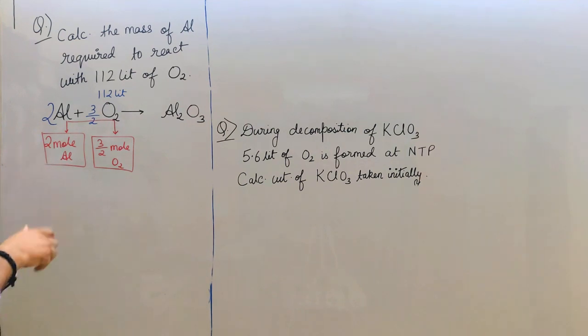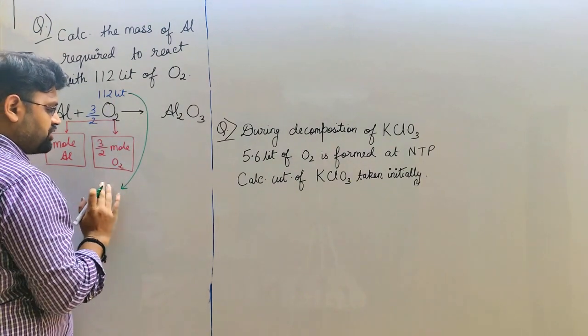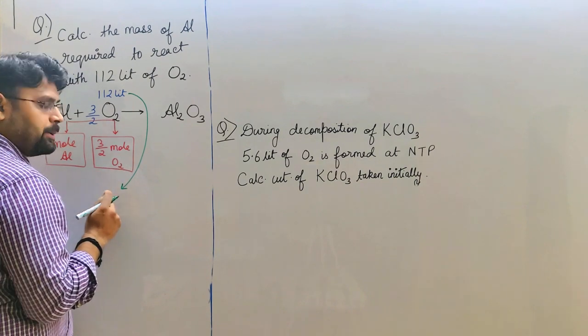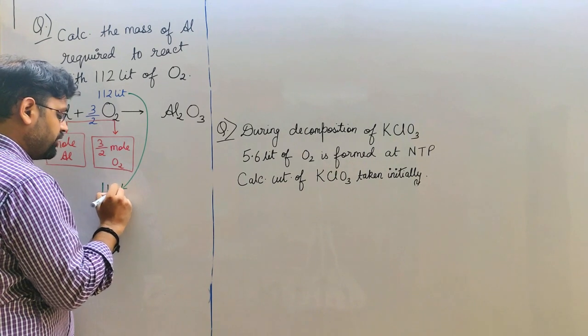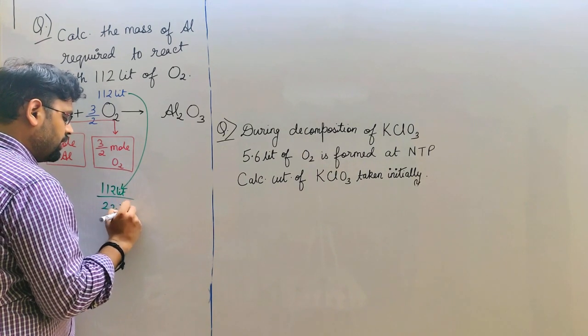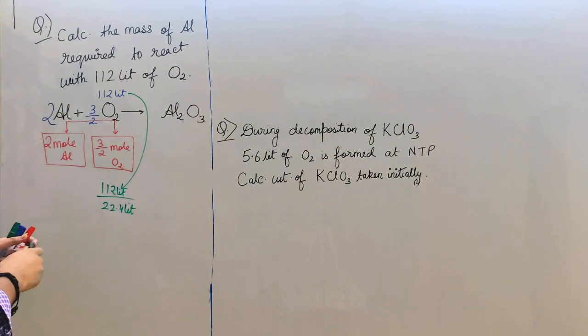Now whatever is given in the question, we need to convert that into moles. Stoichiometry works in moles. So 112 liters, how will we convert this into moles? 112 liters divided by 22.4 liters will give you the number of moles.